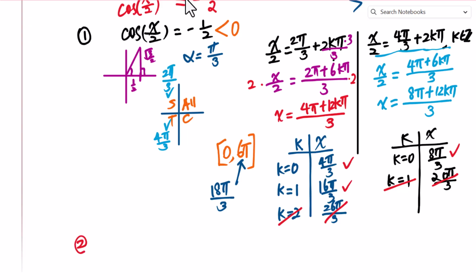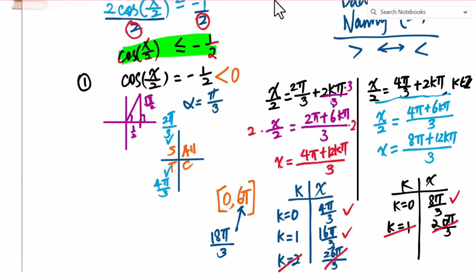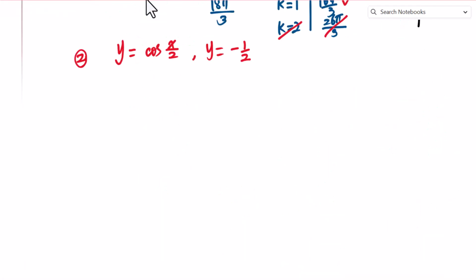Second step, we need to sketch the graph y equals cosine x over 2 and y equals -1/2. Then we can solve these inequalities. When you sketch the graph of a trig function, we will use NPAP. No people are passing, to remember this rule. N means new origin.